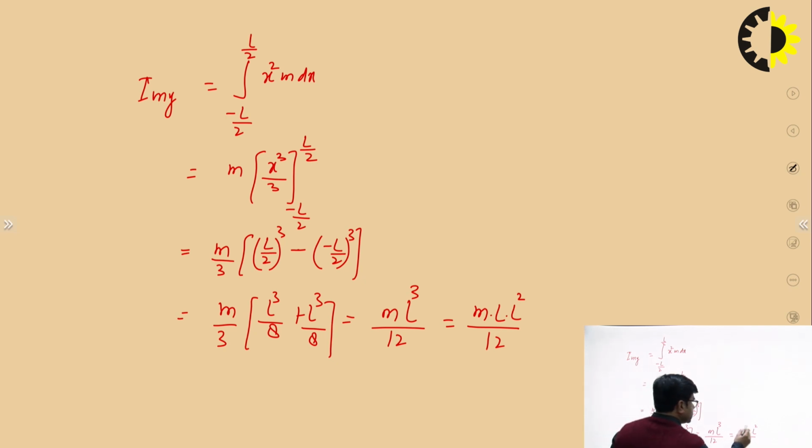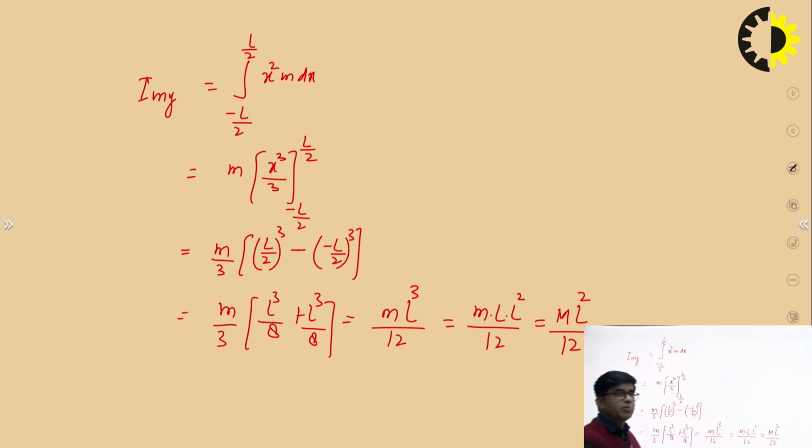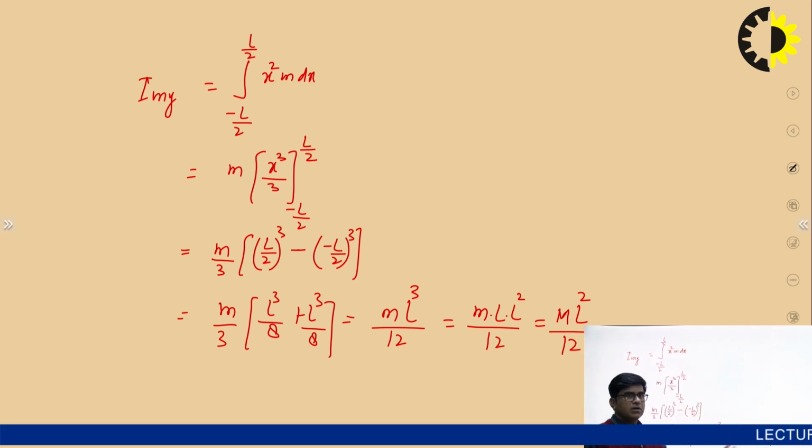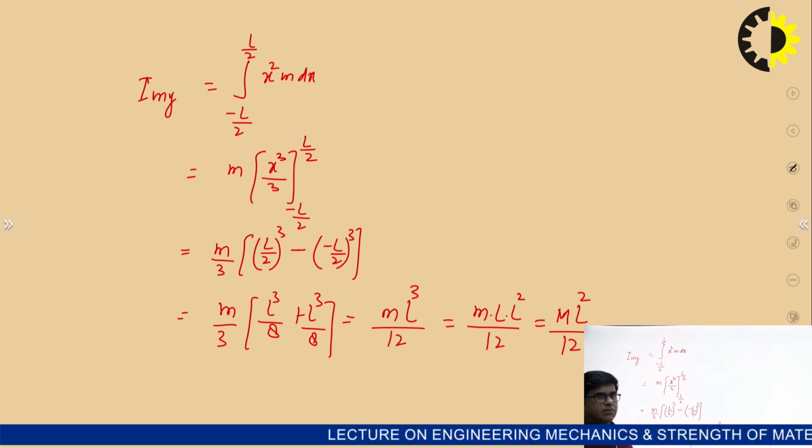This m into capital L is nothing but the total mass, so M L square by 12. This is the moment of inertia of the rod about the centroidal axis perpendicular to the length of the rod, that is, perpendicular to the longitudinal axis of the rod.